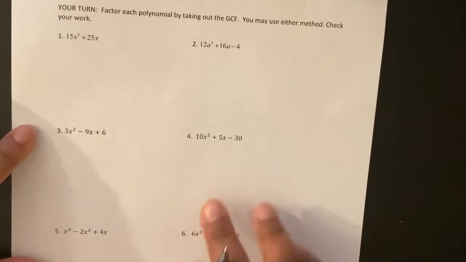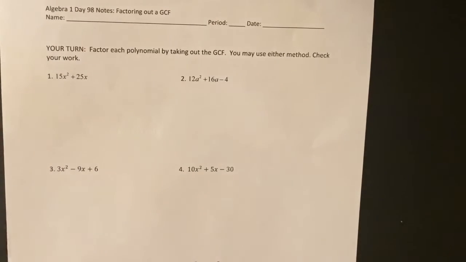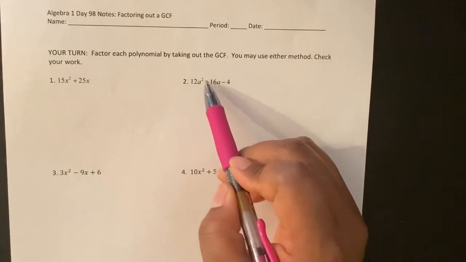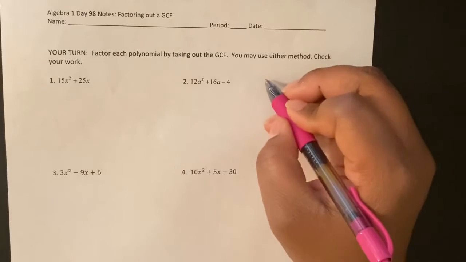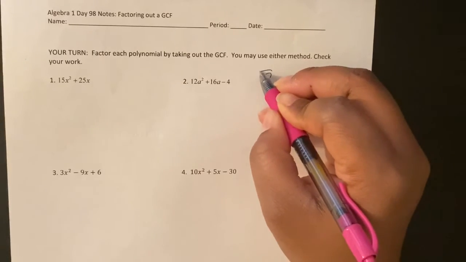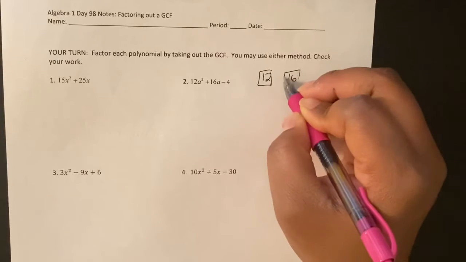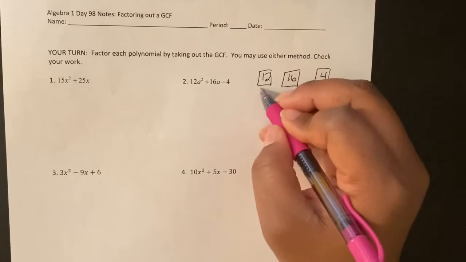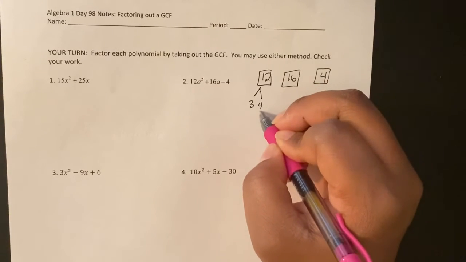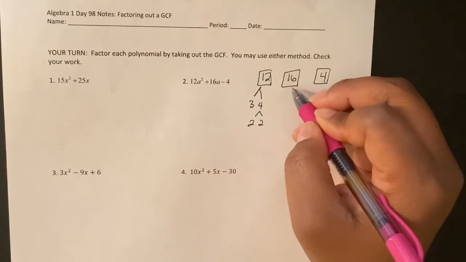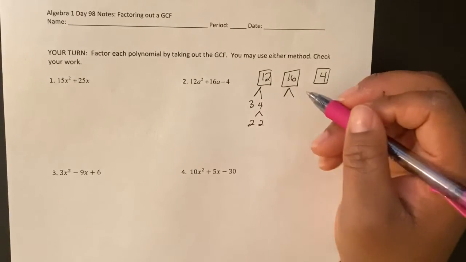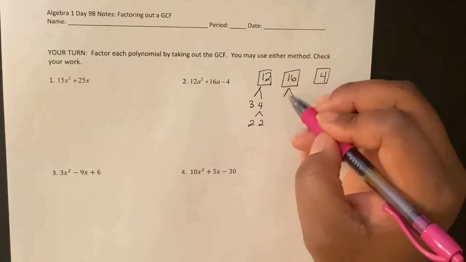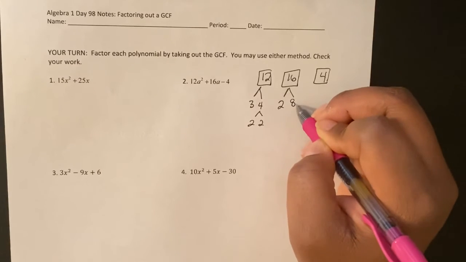And then let's do this one. Let's do number 2. I have 12a squared plus 16a minus 4. So I have 12, 16, and 4. 12 would be 3 times 4, which can be broken down into 2 times 2. 16 would be, what's the prime number? 2 times 8.